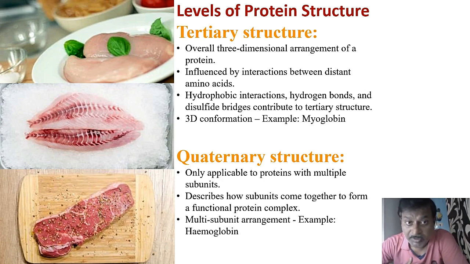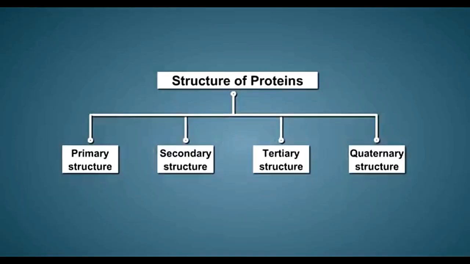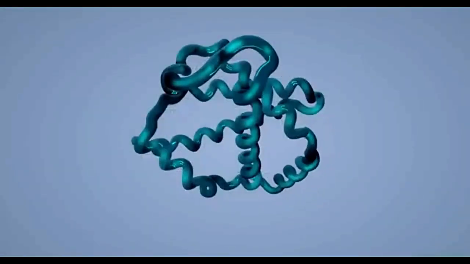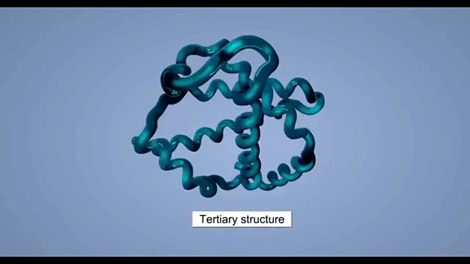For example, myoglobin. In the picture you can see that it is a chicken protein, a muscle protein, which is myoglobin. This is a three-dimensional structure, the tertiary structure of the protein, which is seen in the muscle of the chicken here. The further folding of the secondary structure of proteins gives rise to the tertiary structure of proteins.